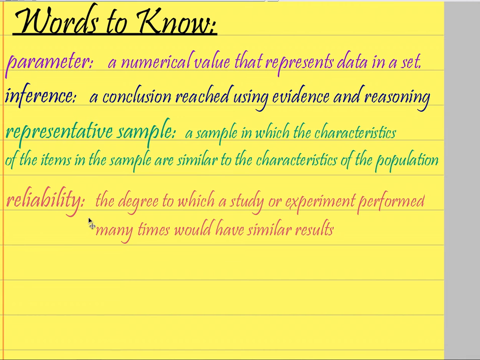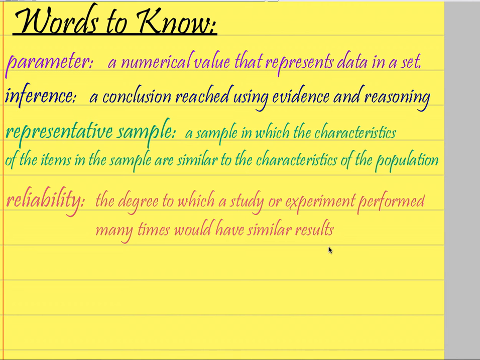Next, we have reliability. Reliability is the degree to which a study or an experiment performed many times would have similar results. So think about experiments in your science class. If you did the same experiment over and over and over again, would you get approximately the same results every time?